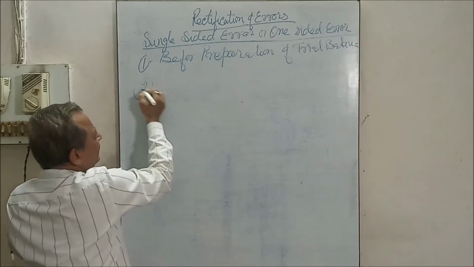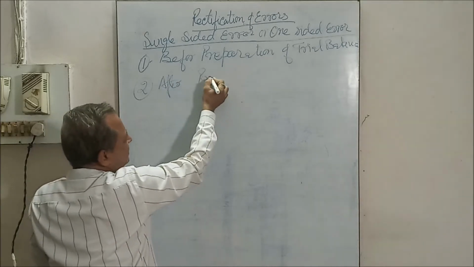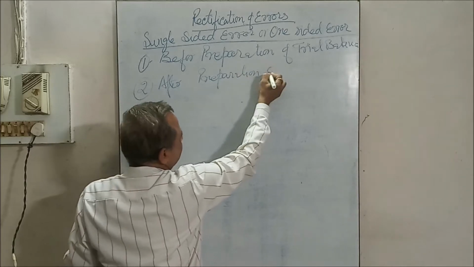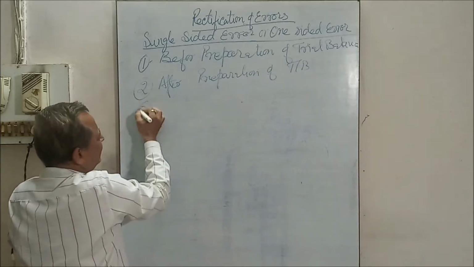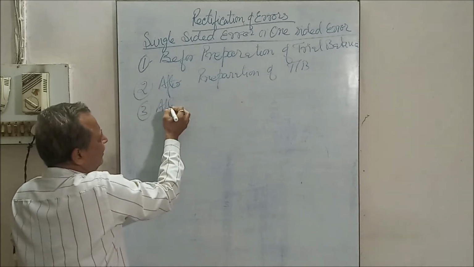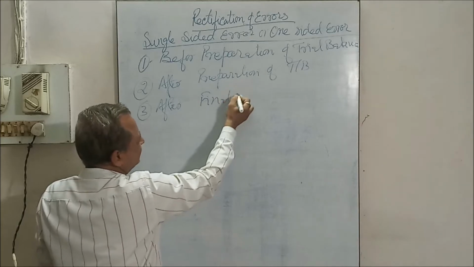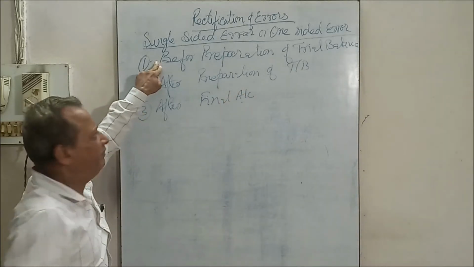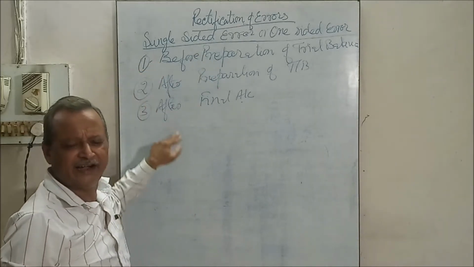Second stage, after preparation of trial balance. And third is after preparation of final accounts. These 3 stages are there: the primary stage, the secondary stage, and the final stage.